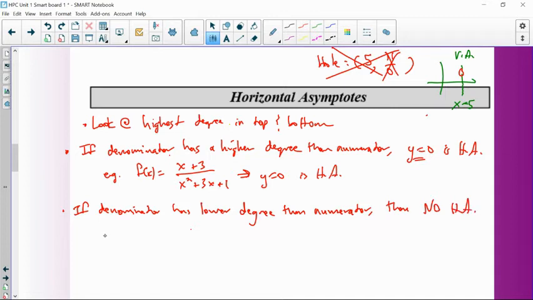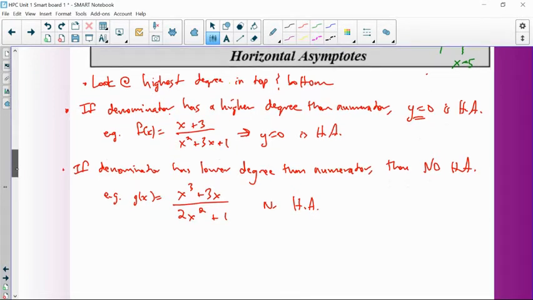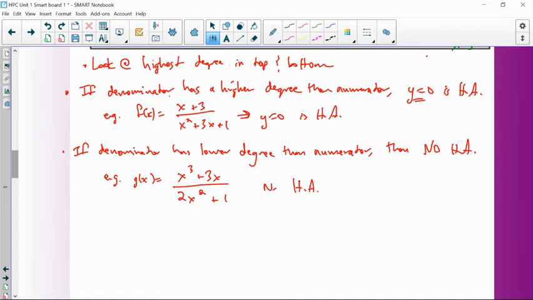As an example, maybe we have g of x equal to x cubed plus 3x over 2x squared plus 1. Notice the top has a highest degree of 3, the bottom has a highest degree of 2. Top wins, so there's no horizontal asymptote. But again, that doesn't say anything about whether there's a hole or a vertical asymptote. We're just focusing on the horizontal asymptotes.